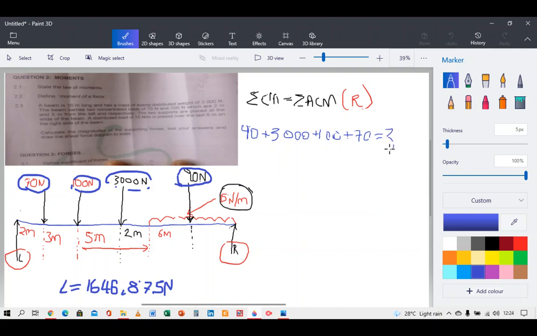When I add this I get 3260 Newton. This is our forces that are going down, so equals to the forces that are going up.